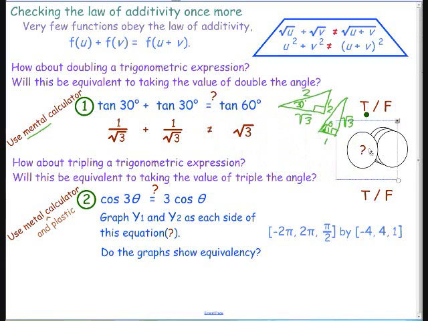Agree with me? So, I mean, you could prove it to yourself by doing it on your calculator. The square root of 3, we have a pretty good idea what that is, right? 1.7, something like that.